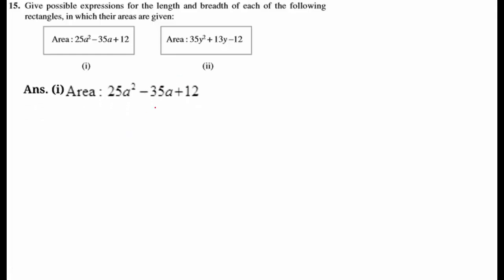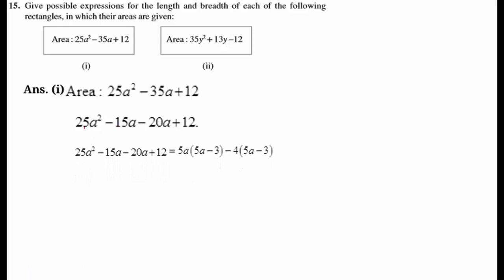Now using the splitting the middle term method, we will write 25a square minus 15a minus 20a plus 12, because 15 and 20 are factors of this. Taking 5a common from the first two terms and minus 4 from the last two, we are left with 5a minus 4, and on taking 5a minus 3 common, we are left with 5a minus 4.